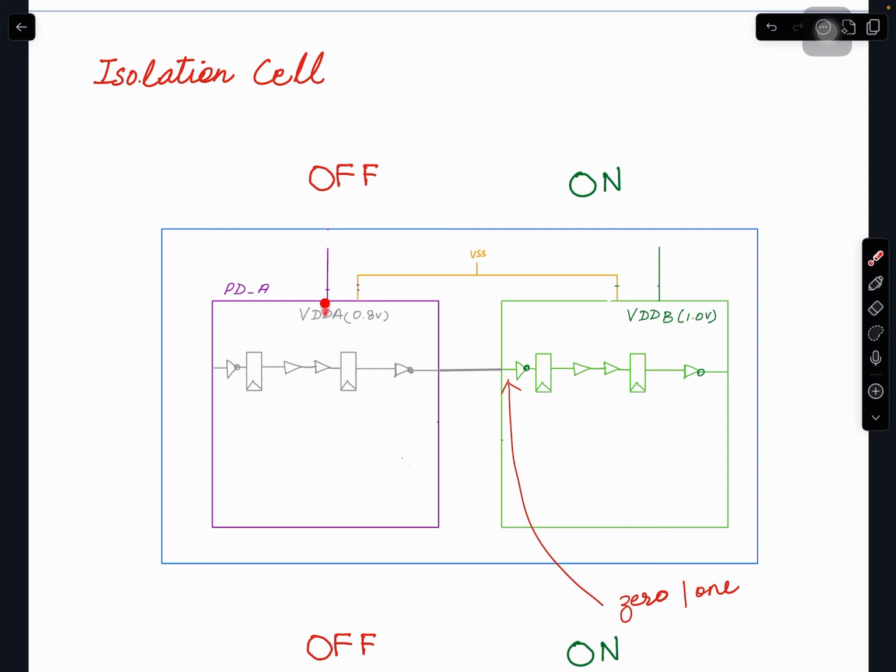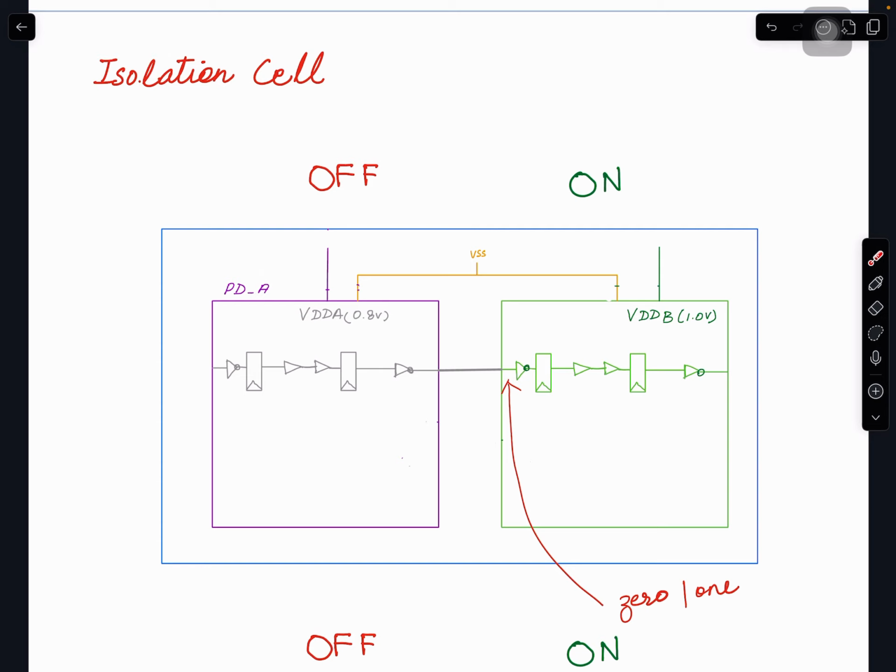This is where one voltage comes in, another voltage comes in, and they have the same VSS. So for reliable operation between these power domains, we studied the level shifter last time in both directions, from low to high, high to low.